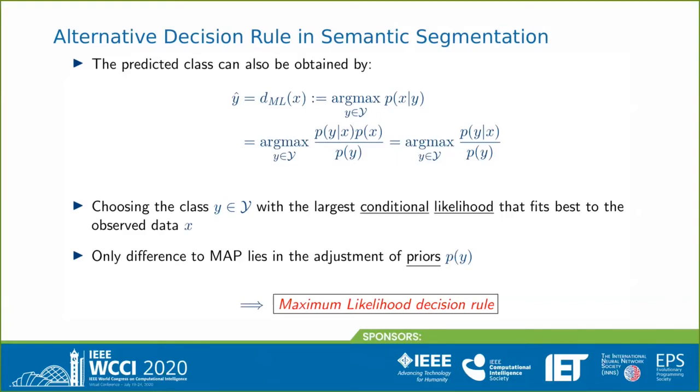Another view of this decision rule is that we have class weightings. If we have a class that has a low prior, we divide the softmax output of that class by a small number. Therefore, we boost the sensitivity towards predicting that class compared to classes that have high priors.